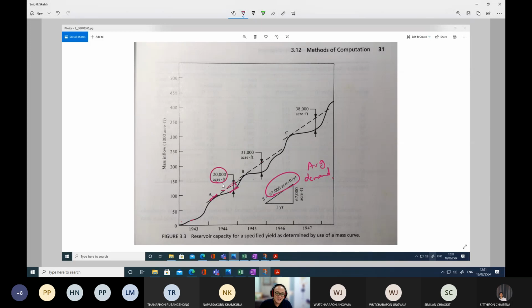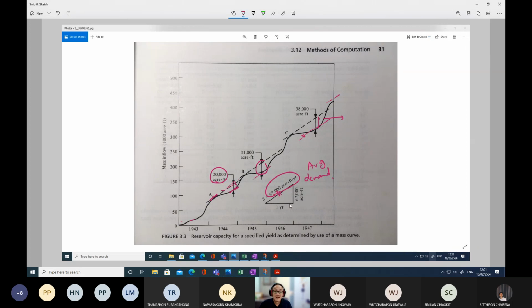This one is also a vertical tangent, and this one too, tangents parallel to this one.